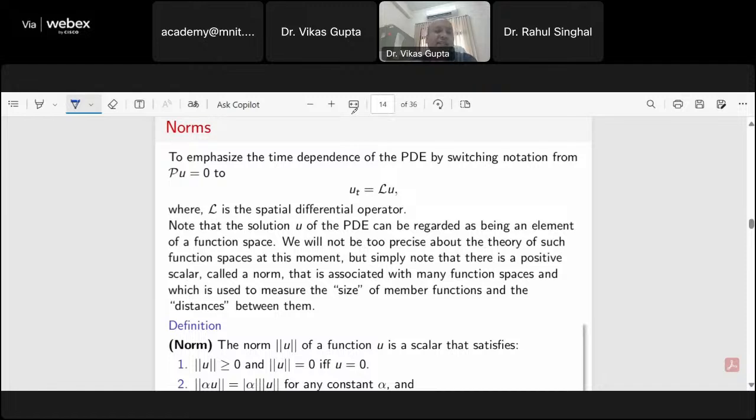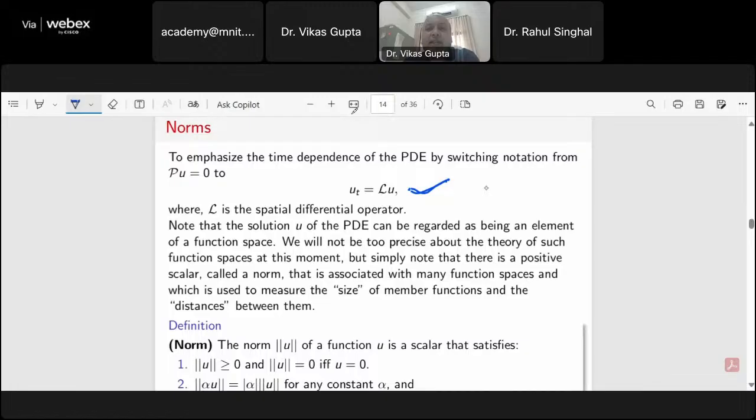So to emphasize the time dependency of the PDE, we switch the notation of the differential equation from Pu equal to 0 to this notation, ut equal to Lu, where L is the spatial differential operator.